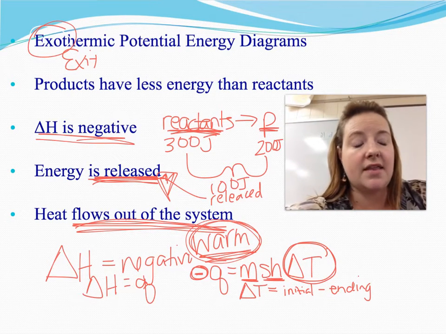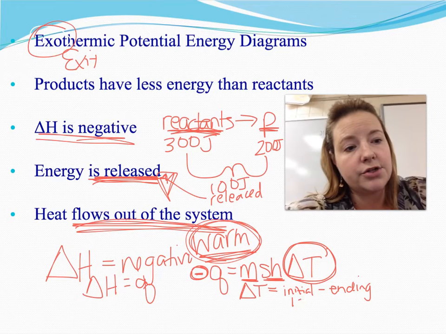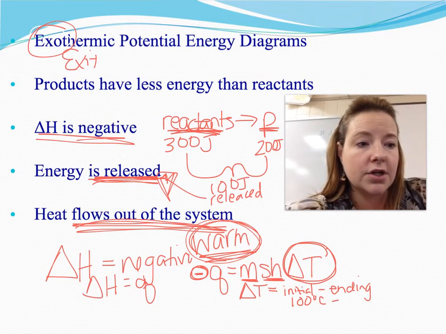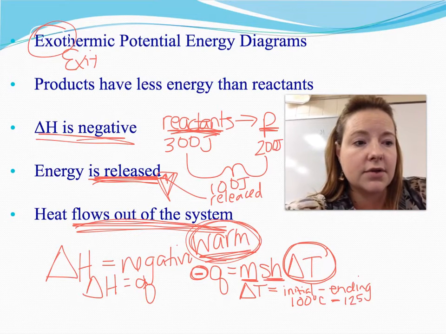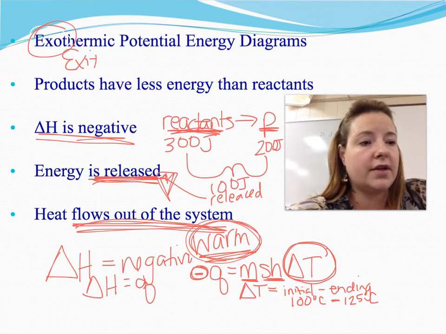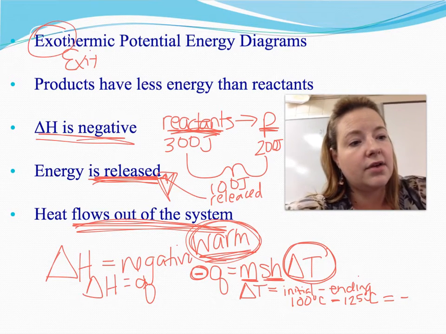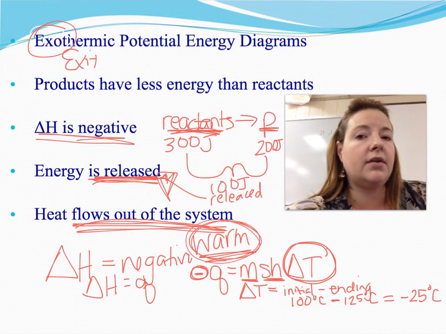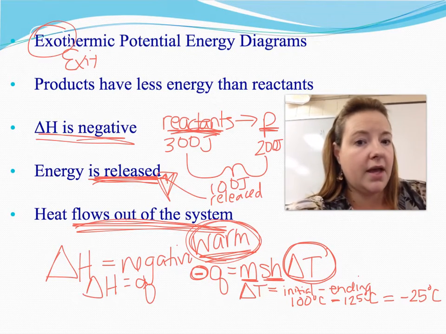So let's say that our starting temperature is 100 degrees Celsius and our ending temperature is 125 degrees Celsius. Well, 100 minus 125 gives us a negative 25 degrees Celsius. So there's your negative number.